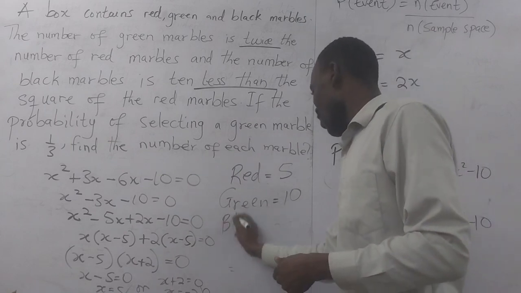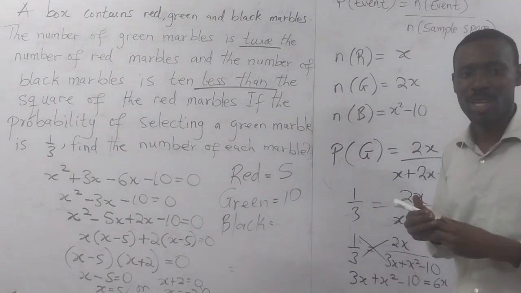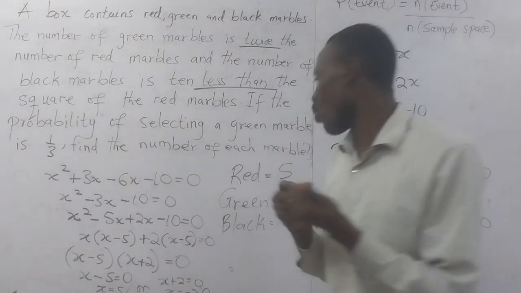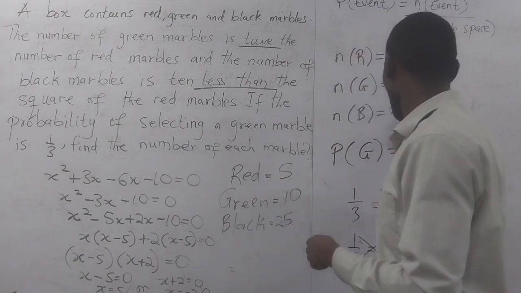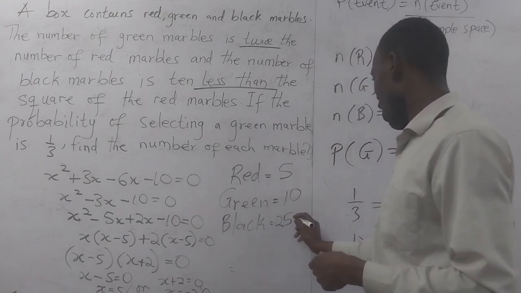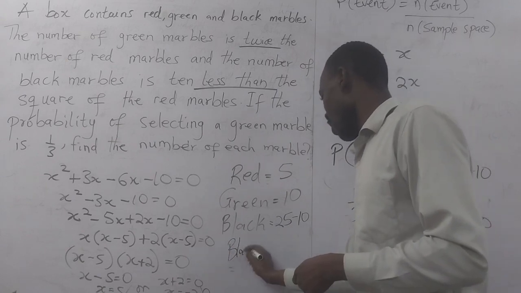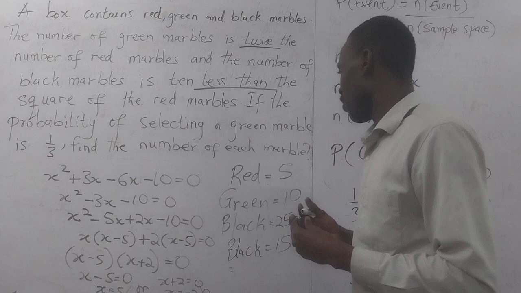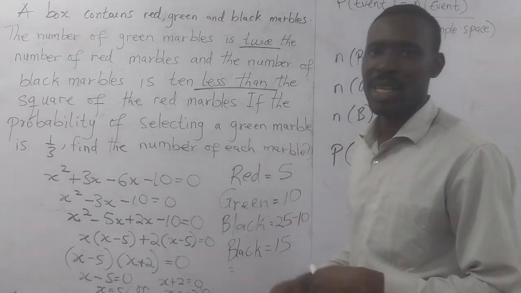So my black will be x squared, and here my x squared will be 25 minus 10. So that will be 25 minus 10, and my black will be 15. So your red is 5, green is 10 and black is 15.